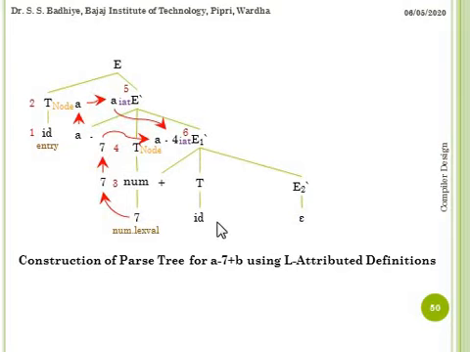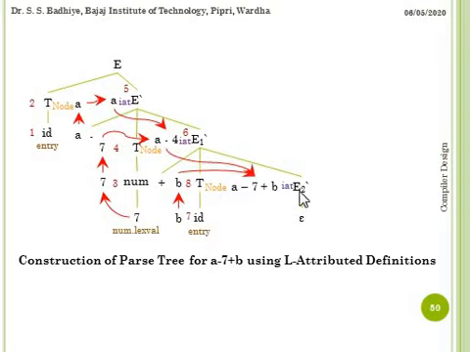The next part, what will happen, the 7th and the 8th nodes will be created, wherein the node attribute of T will get the value of id, right? And now we have plus T, and we have the inherited attribute of E1 dash. So again, by the second rule, we get the value of E2 dash, and E2 dash will be nothing but a combination of this.